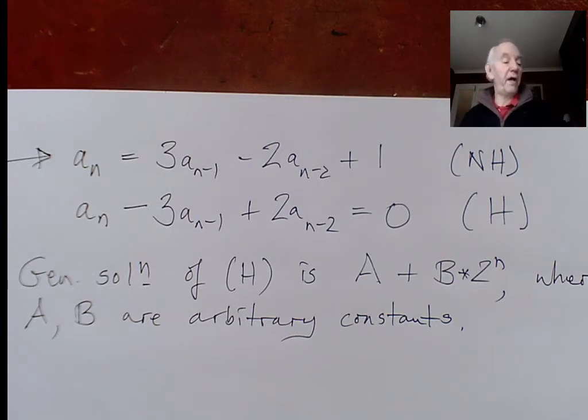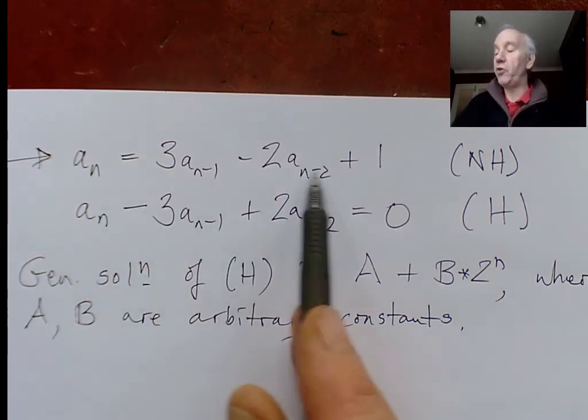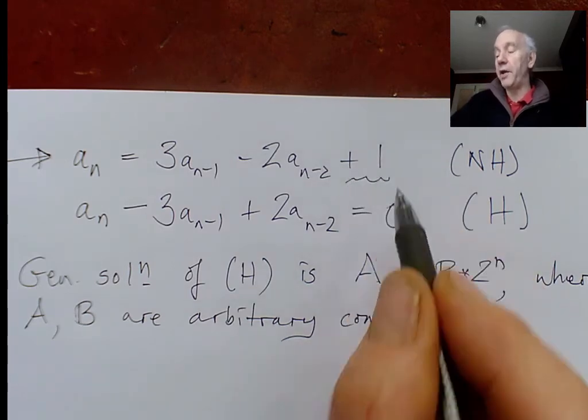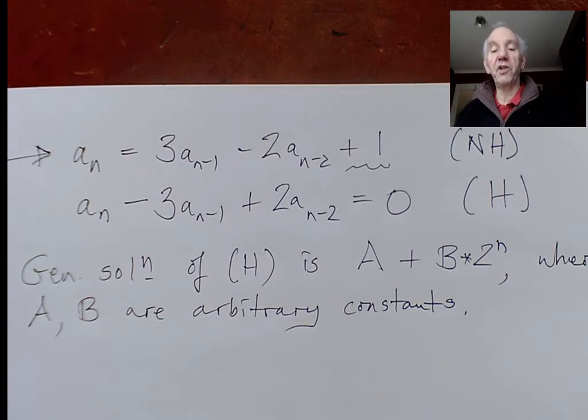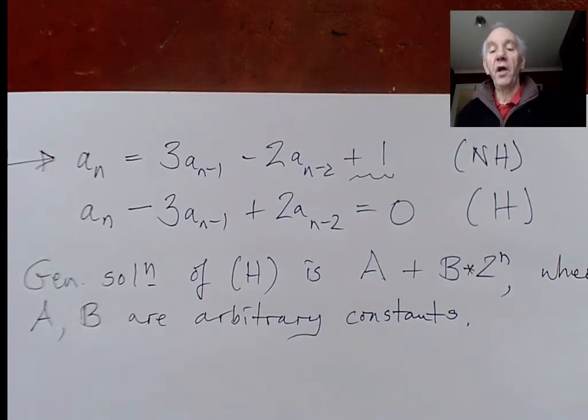Okay, now we have to go back to the original equation. We want to find one solution to the original equation with the 1. Now here there's an extra complication which I've put in on purpose.